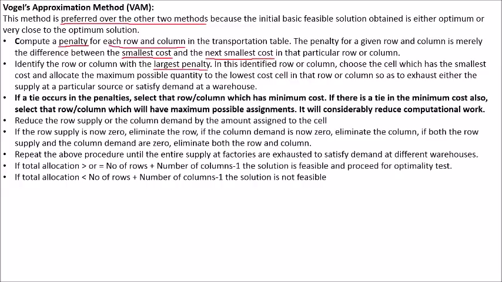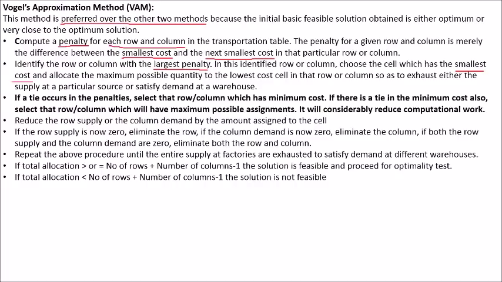For the largest penalty we will do the allocations first. Whether the penalty relates to a row or a column, we will give the allocations to the smallest cost cell of the respective row or column. This may look a bit confusing guys, but in the problem it will be clarified.